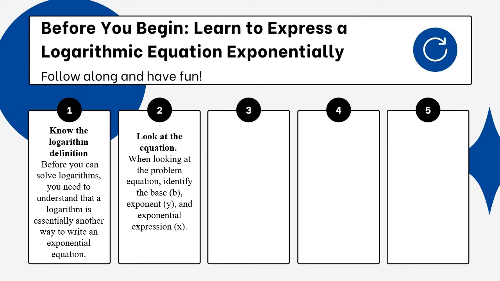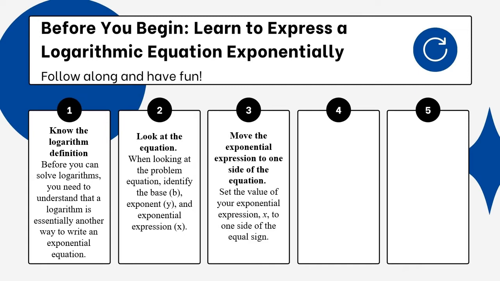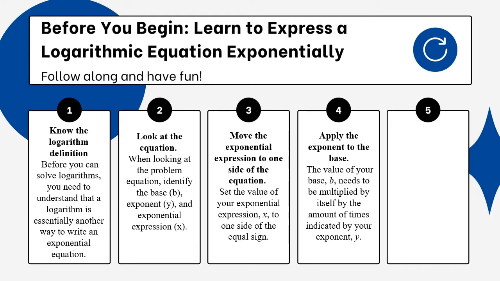Third step, move the exponential expression to one side of the equation. Set the value of your exponential expression, x, to one side of the equal sign. Then fourth step, apply the exponent to the base.